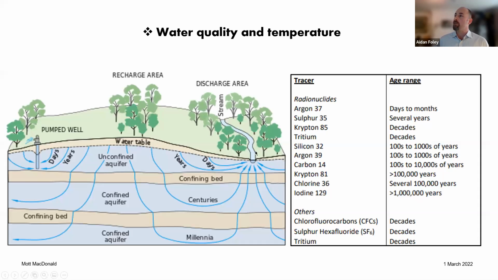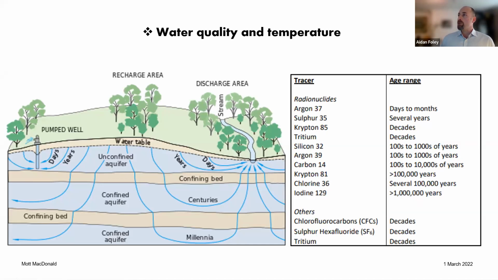Now, if we imagine this is a spring rather than a river, we can see that the water feeding the outlet is an amalgam of multiple flow paths, all of which have different lengths and different residence times.